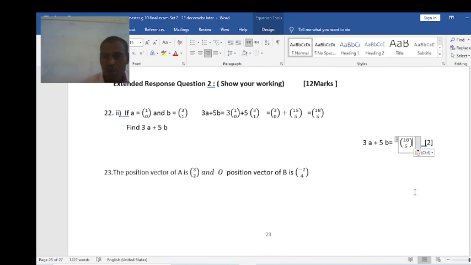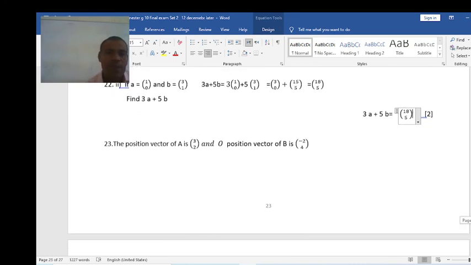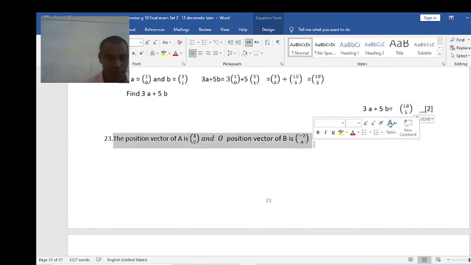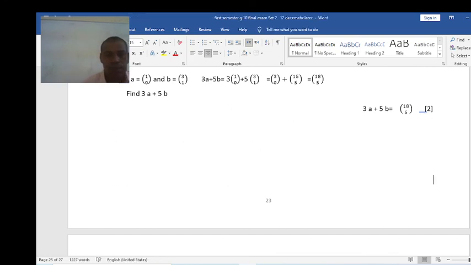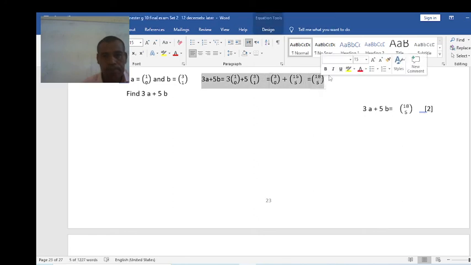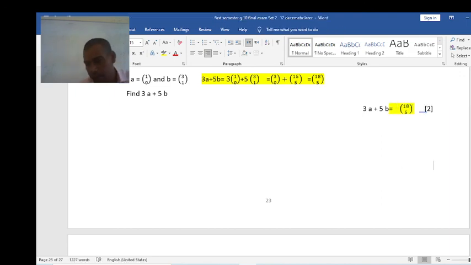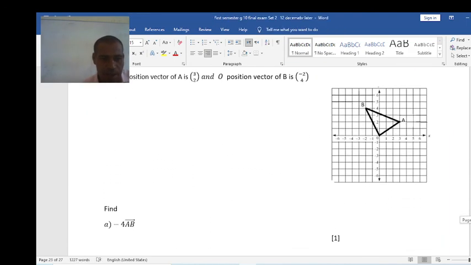Then now the position vector of, okay, I will use this one because I will need them. Then this is the last question.